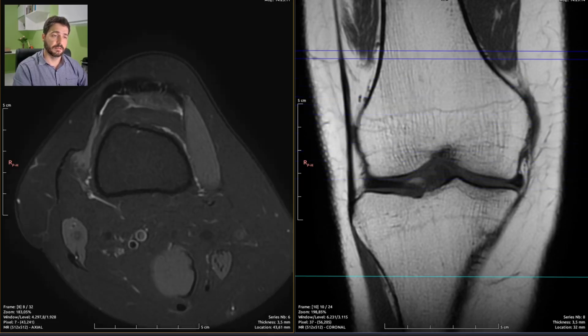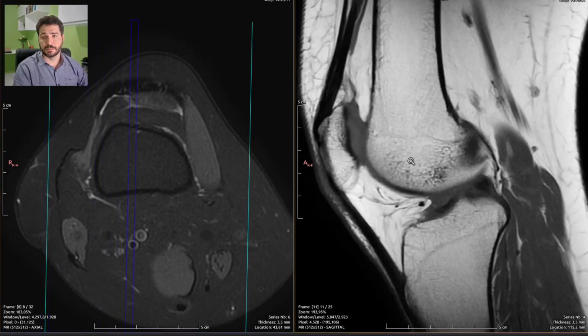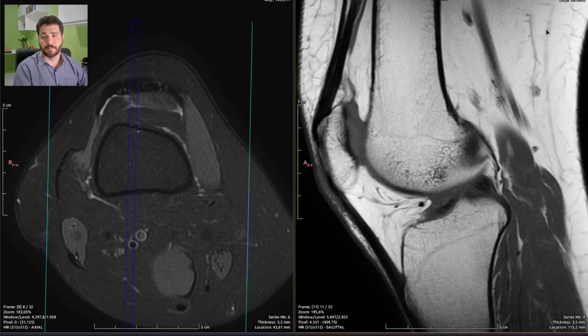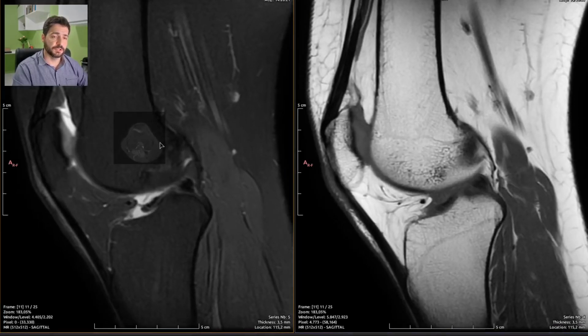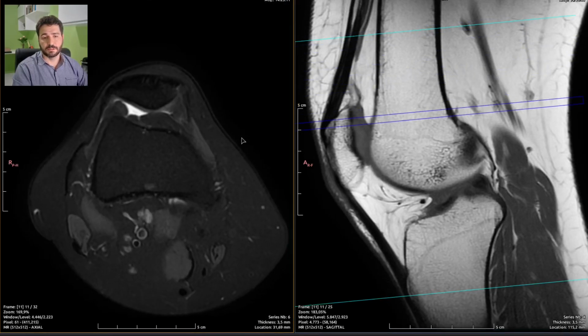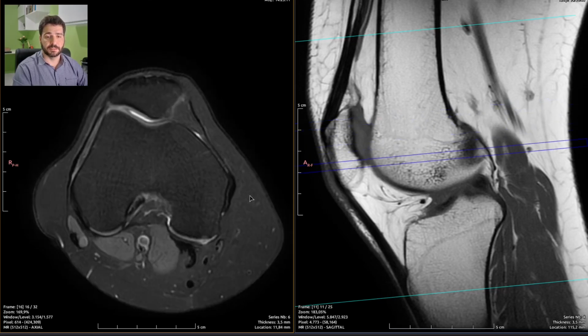As you guys may have noticed, we usually on non-enhanced T1 images make them non-fat saturated, and make them, as we call it, pure images. And every time we do PD or T2 sequences, we also do some kind of fat saturation.